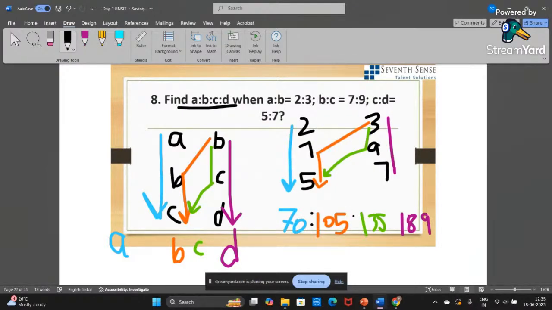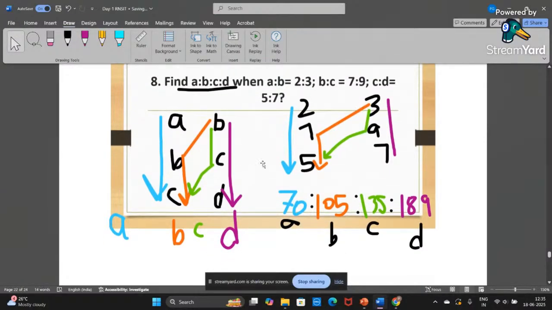So we'll stop the steps here itself. So this is the final ratio of A is to B is to C is to D. Follow the steps, write it out like this and follow the steps.